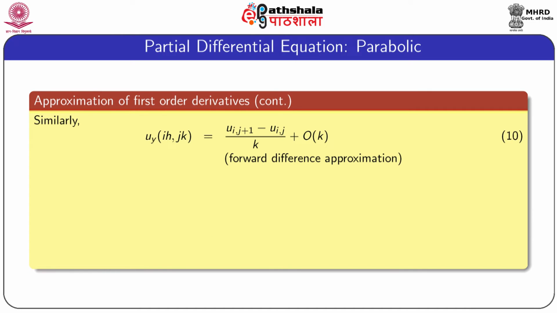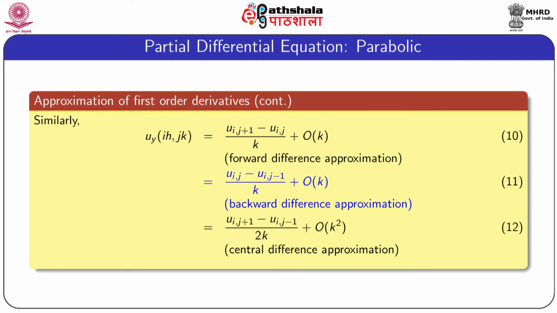Similarly, del u del y can be approximated with the help of the forward difference approximation that was represented by equation 10. This is the backward difference approximation and this is the central difference approximation. Note that the central difference approximation gives a better answer than the forward and backward difference approximations.